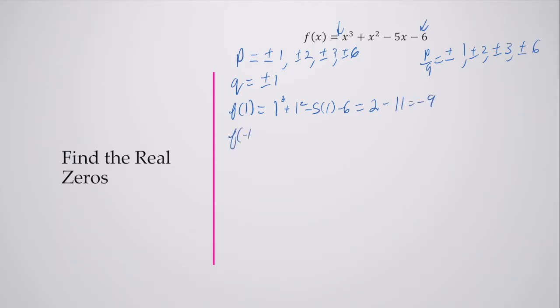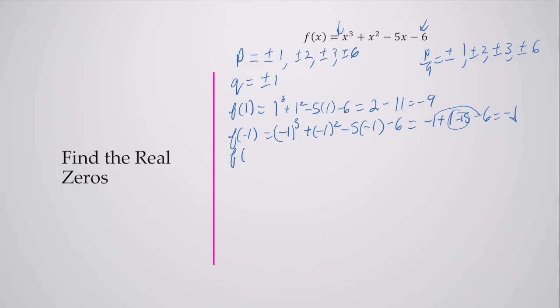If I do f of negative 1, I get negative 1 cubed plus negative 1 squared minus 5 times negative 1 minus 6. So I get a negative 1 plus 1, okay, starting to look promising, plus 5 minus 6. Well, that's going to give me negative 1 minus 6 is negative 7, plus 6 is a negative 1. Okay, again, not a 0.